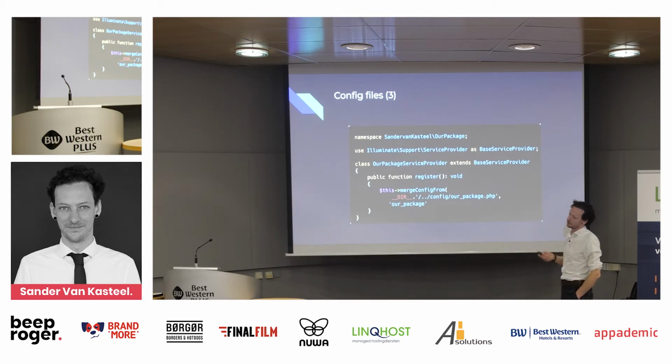Once your configuration files have been published, in the register function, you can say to Laravel, look, once this file has been installed, I want to merge this with what is defined in the Laravel installation itself. So Laravel will merge those two under the hood, and then in your package, you can use the configuration helper to call certain properties and set certain options.